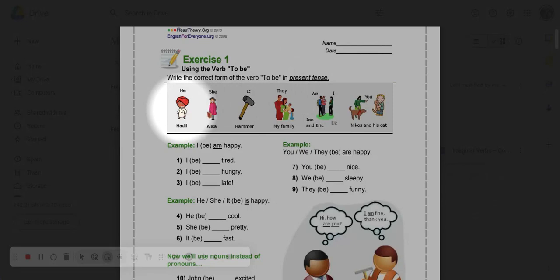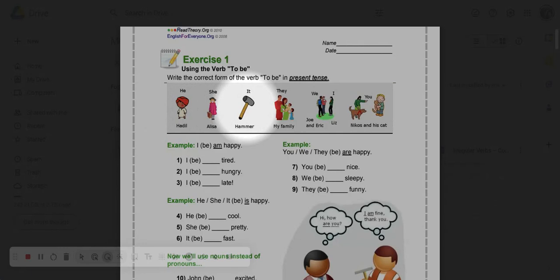Here they have someone named he, Hadil, she, Alisa, it, hammer. In American English and British English, inanimate objects do not have gender.